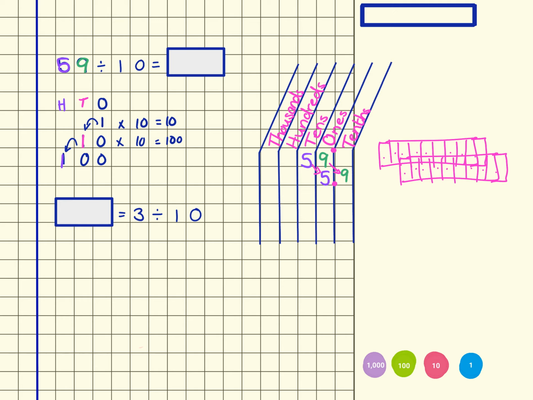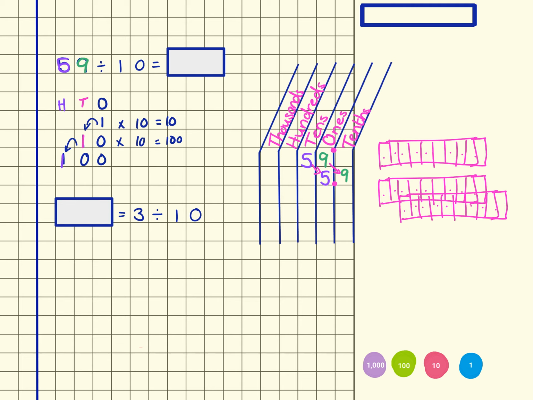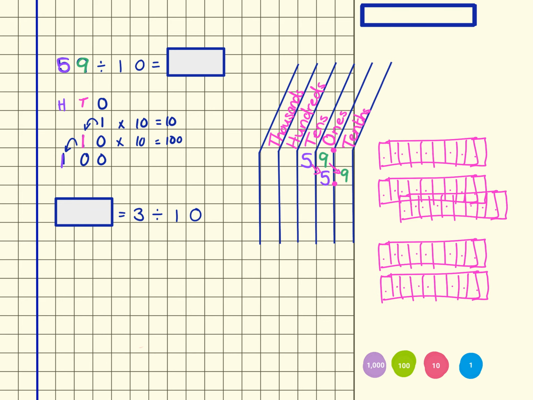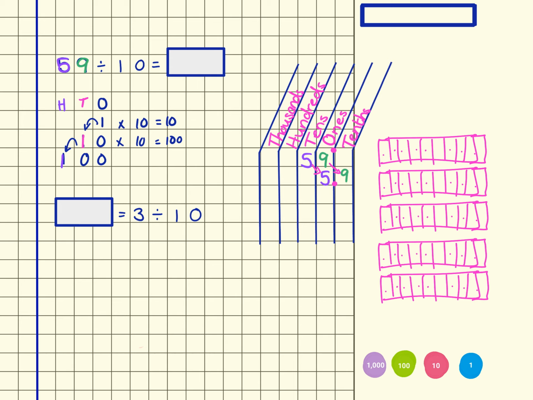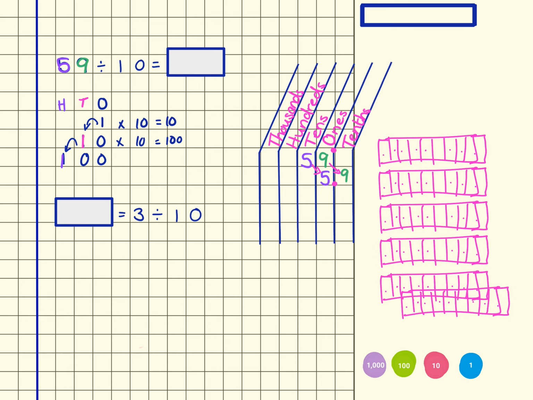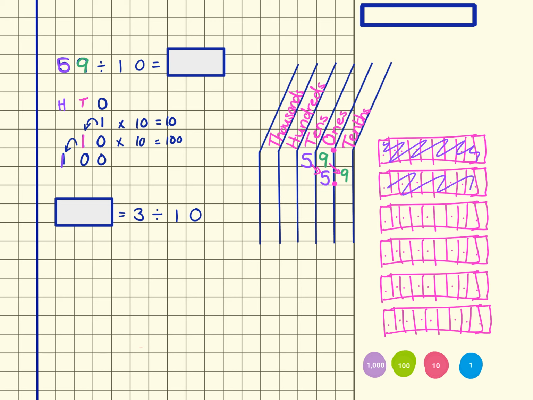Here we go, there's 1, 2, 3, 4, 5. So I have 5 whole ones that have 10 parts inside, and then I have one final one. These would all be shaded in because it's a whole.